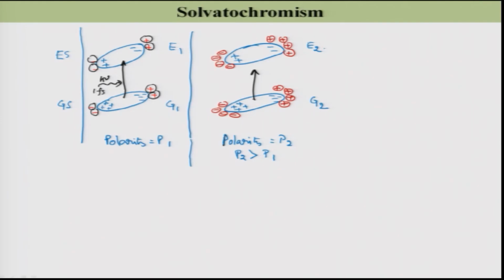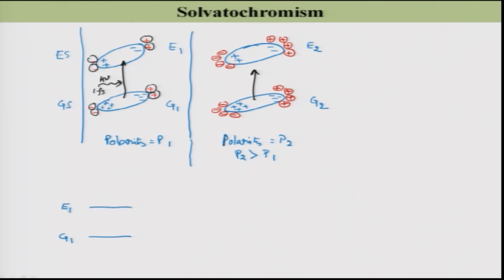If I plot G1 over here, E1 will be the higher energy obviously, because in the excited state I am putting that much electronic energy. So, here will be my E1.